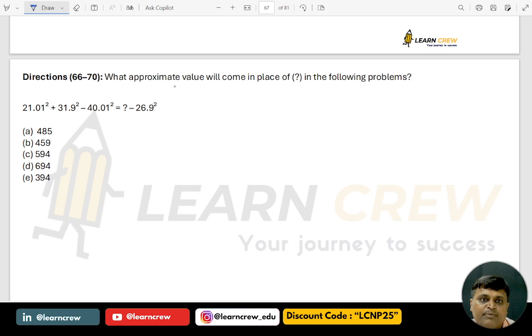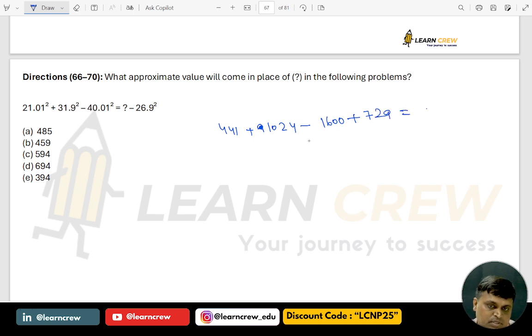Now what is the approximate value? 21 square is 441, 32 square is 1024, minus 40 square is 1600. And this minus 26.9 comes this side, becomes 27 square is 729.